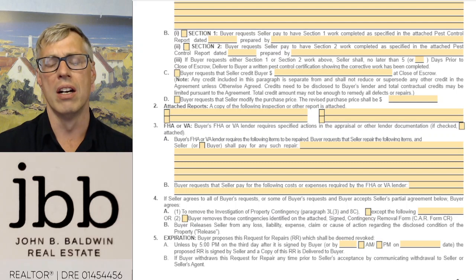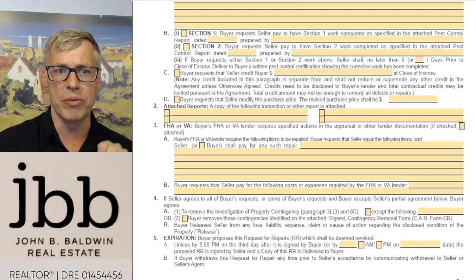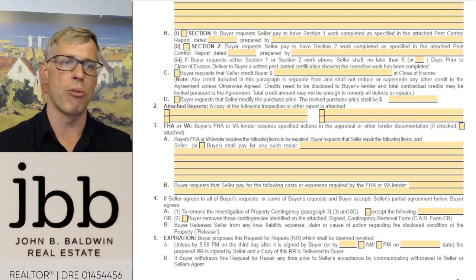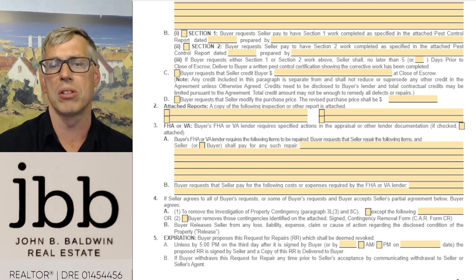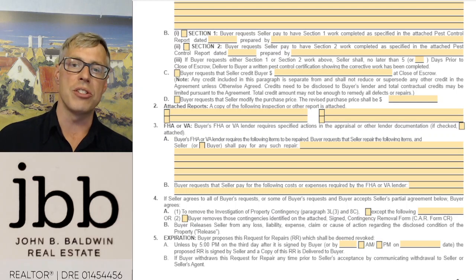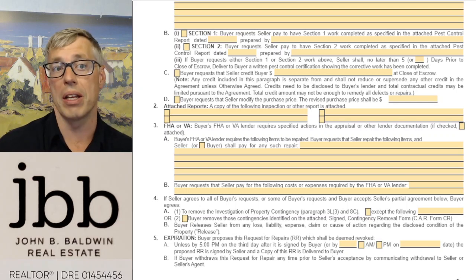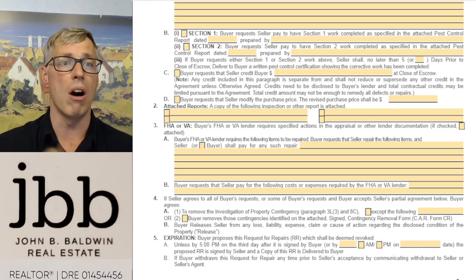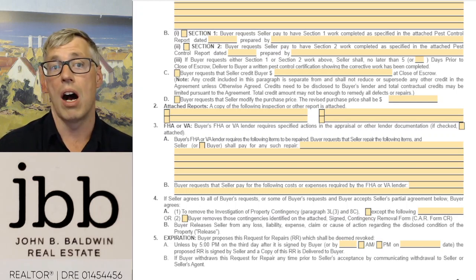And this is where you do this before you've removed that inspection contingency. You do it before you've removed that appraisal or loan contingency. So you can still exit the transaction if you need to. And it gives you that leverage. Sometimes you got to be like, look, if we don't get what we want, we're going to walk, and that'll work. Sometimes it won't.